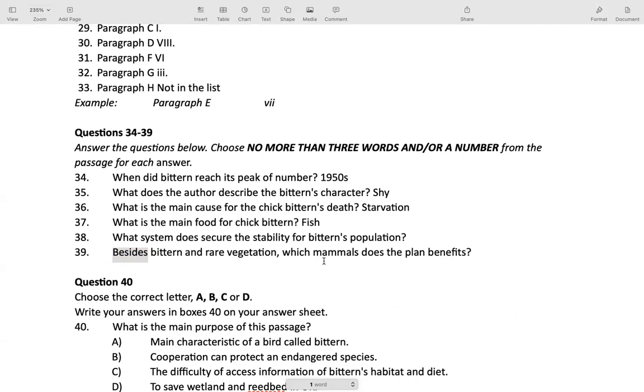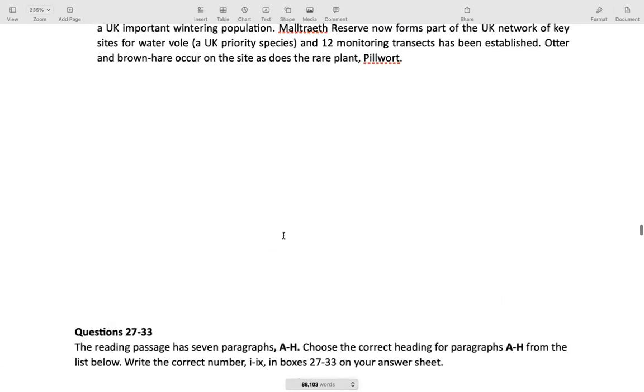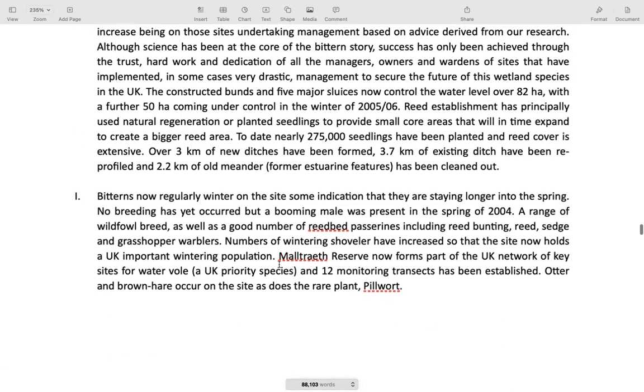Here we have to write which mammals. First of all, they should be plural, not singular, because the question is asking which mammals. Maybe there will be two animals, two mammals, or maybe the type of mammal they're asking. Let's figure out. Besides bittern and rare vegetation.